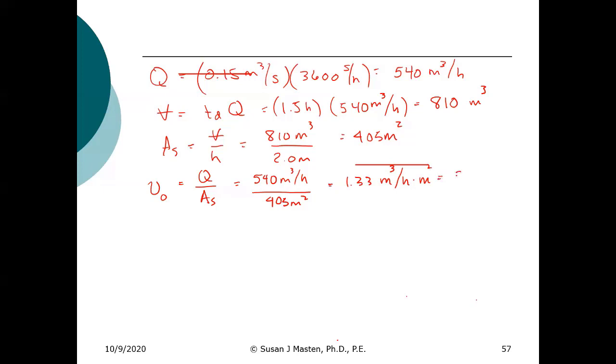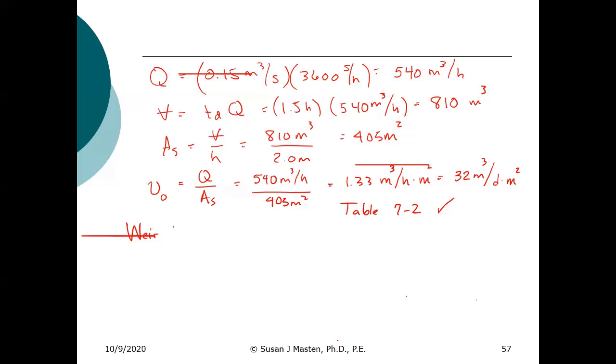And that is equal to 32 meters cubed per day per meter squared. You'll also see this written as meters per day. And we'll check that against table 7-2 to determine if it's acceptable. I'm not going to pull up table 7.2. In your mini design, you will need to check these values and make sure that they're in an acceptable range.